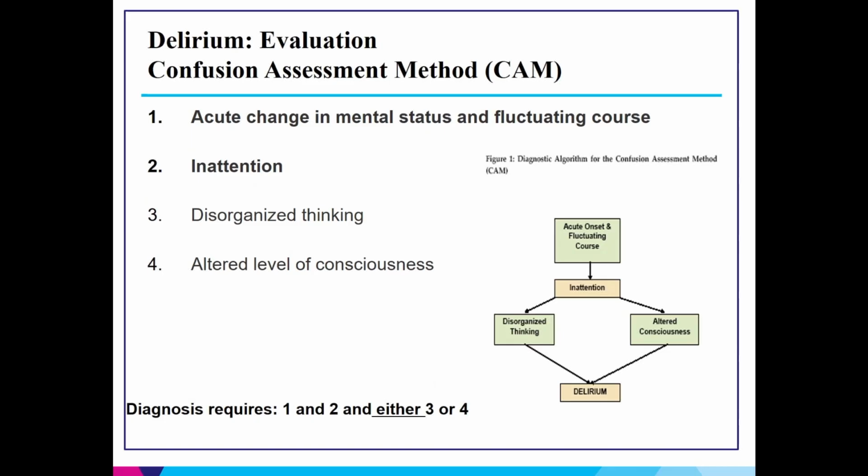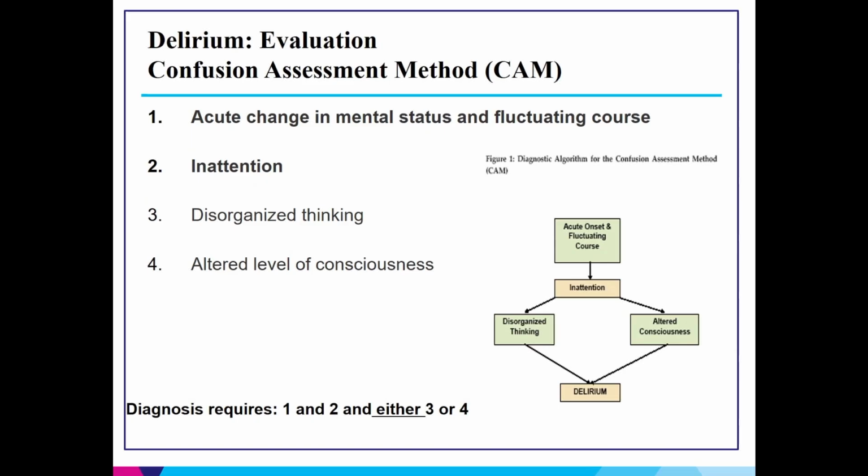It is important to recognize that without using a validated tool to screen for delirium, nearly 40% of these cases can be missed. The CAM takes into account the first two features: one, that there is an acute change in a patient's mental status and that it may fluctuate and wax and wane throughout the day; number two, that there is some level of inattention; and finally, one of the other two features, is there some concern of disorganized thinking or an altered level of consciousness?